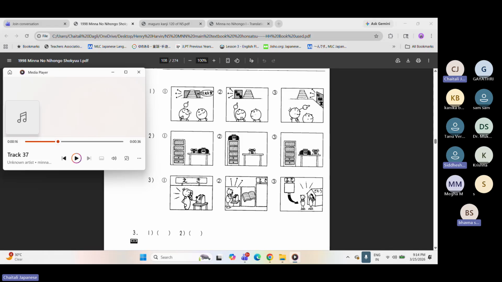Because the option said ushiro on the left side. In that audio they said toilet. So this kanji is for toilet only. Okay, listen to it again.